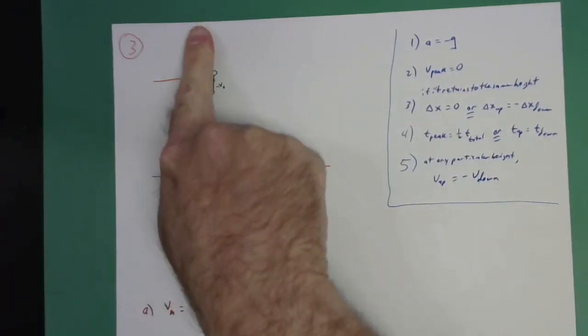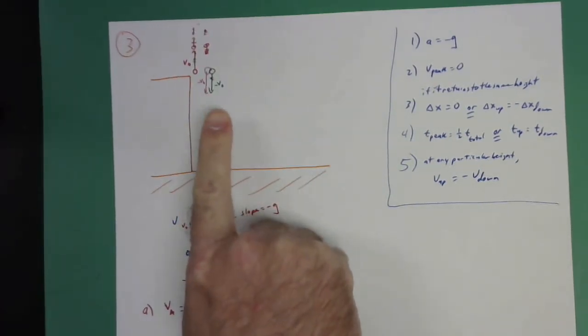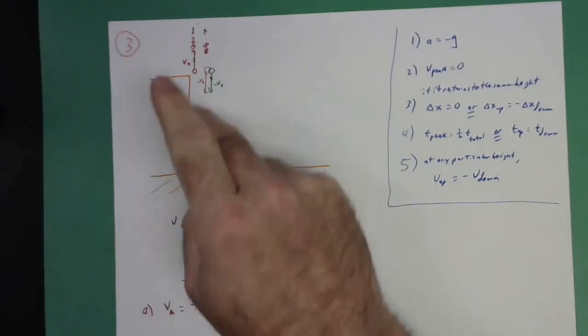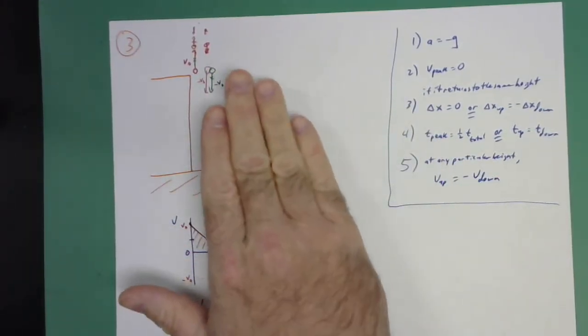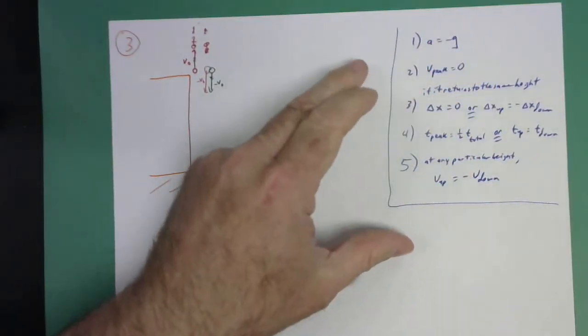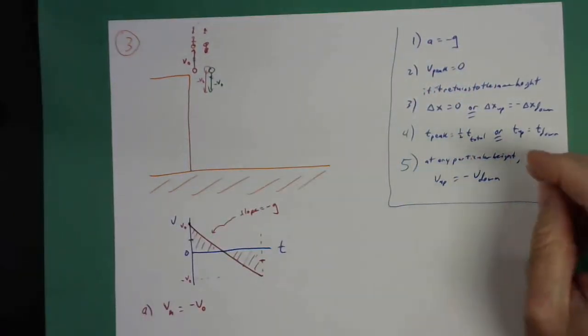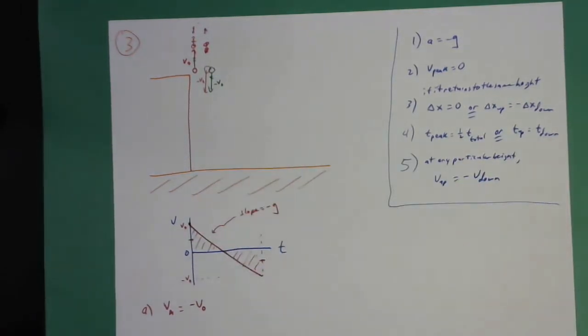One motion is this up and down motion in the y-axis with constant acceleration of negative g, and the other is just a constant velocity sideways. You put those together and you get that parabola. So these ideas are important, and you should honestly just recognize them when you see a situation like this. Okay, moving onward.